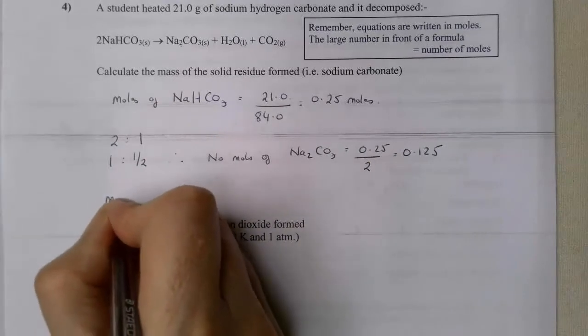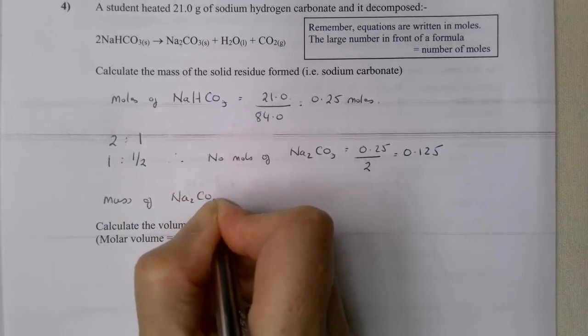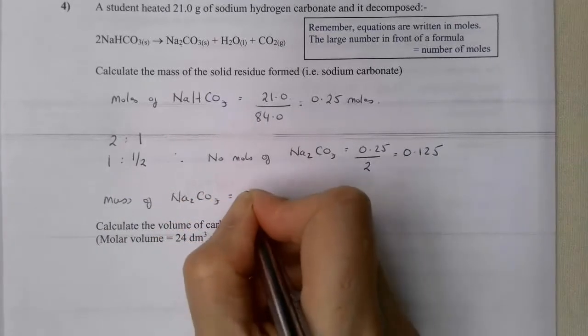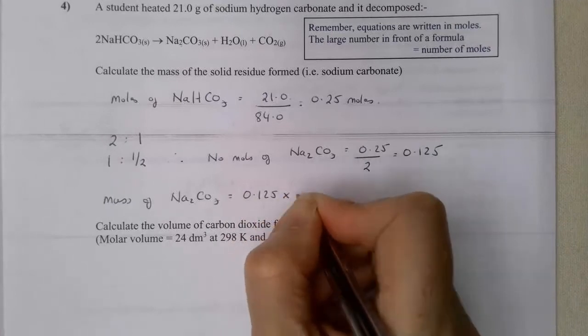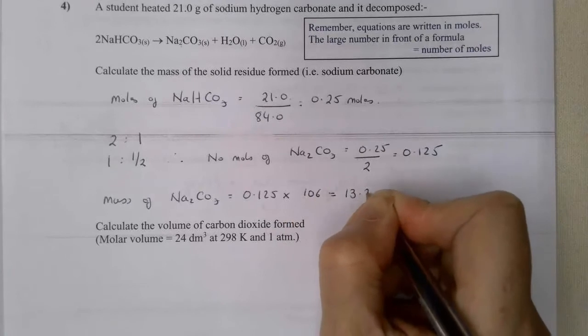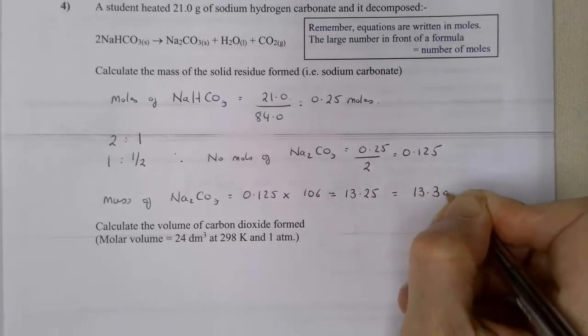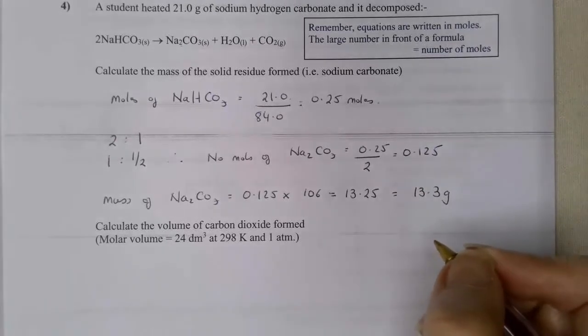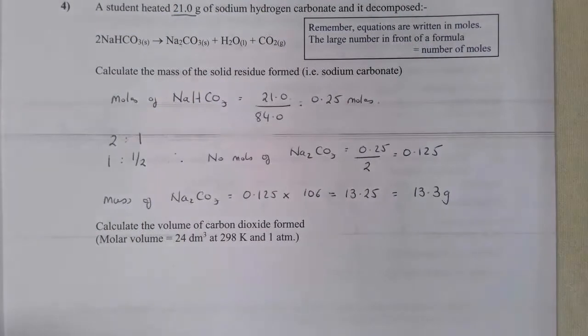And then the mass of my sodium carbonate is going to be my moles, 0.125 times the RMM, which is 106, and that gives me 13.25, which gives me 13.3 grams to 3 sig figs. I give my answer 3 sig figs again because my data is to 3 sig figs.